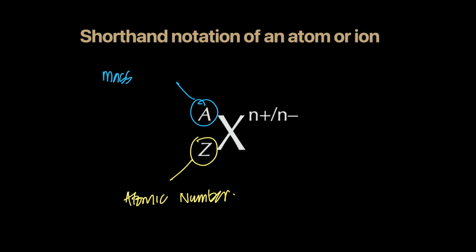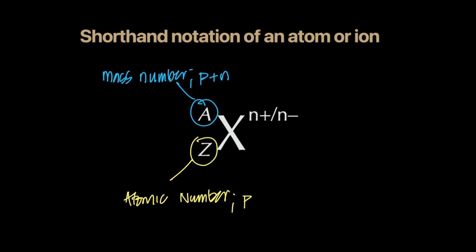Now atomic number is the number of protons in the nucleus of an atom. So atomic number is just the number of protons, but mass number is the sum of the number of protons and the number of neutrons in an atom. And if it's an ion, then there will be a charge also. Generally charges are 1 plus, 2 plus, 3 plus, or 1 minus, 2 minus, or 3 minus.